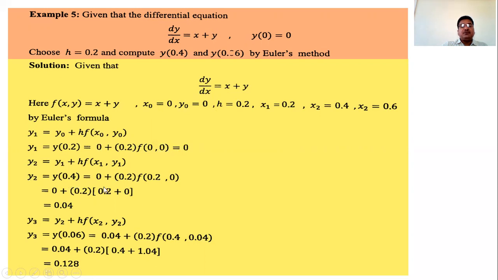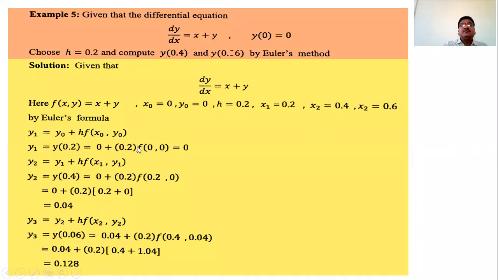Then y at 0.4 is what? y1 is 0, this value, and h is 0.2. f of 0.2, 0, because x1 is 0.2. What do we get?